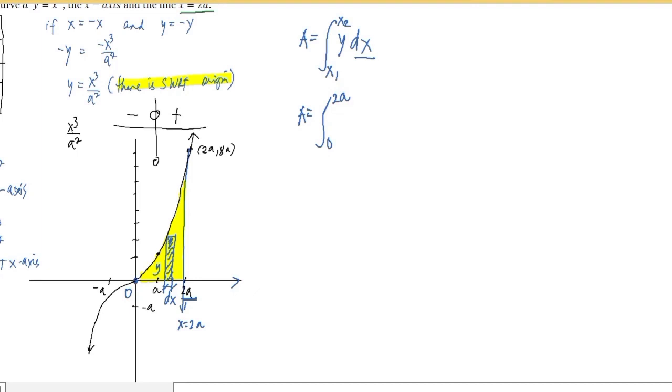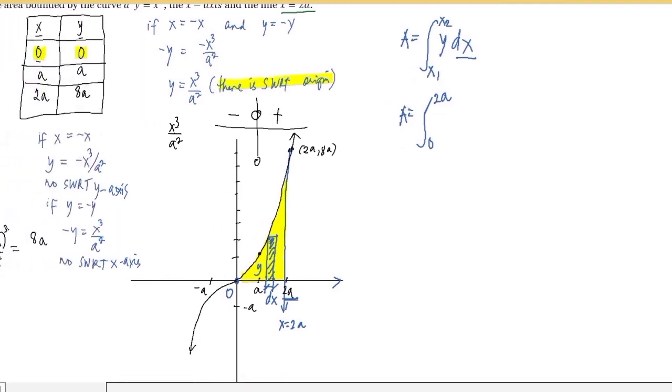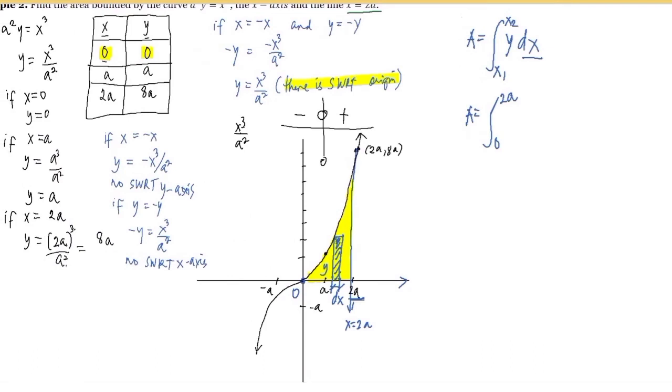As you can see from our equation, we have y is equal to x cubed over 2a. So with this, we can say that this is equal to x cubed over a square.